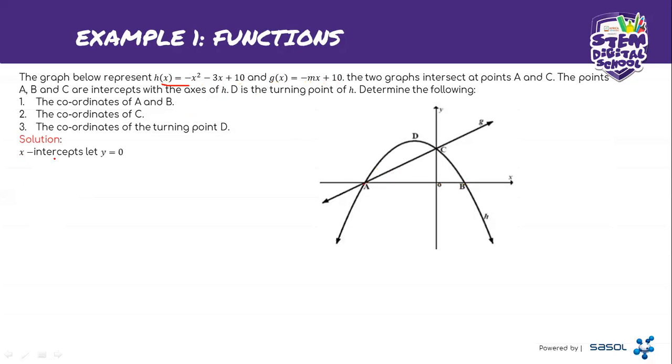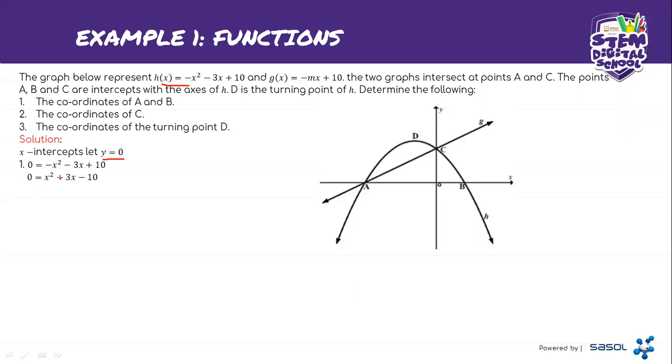Now remember, when we are calculating the x-intercept, you let y equal 0, right? Then you just put 0 where you see y. Remember, h of x is the same as y. So just change the sign: positive, negative, negative, positive.